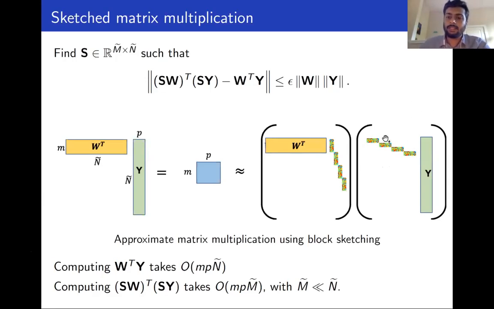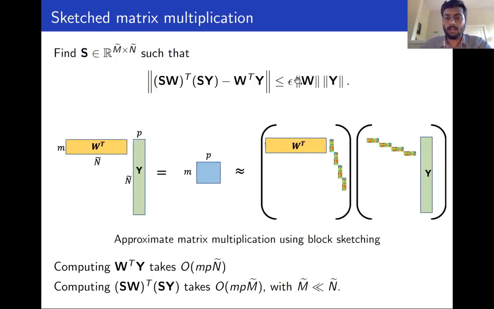So the idea is to use a dimensionality reducing map first on these matrices, and then multiply only these small matrices to compute this product. Our goal is to do this in such a way that the final product, SW transpose SY, is close to our original product in a relative spectral norm sense.